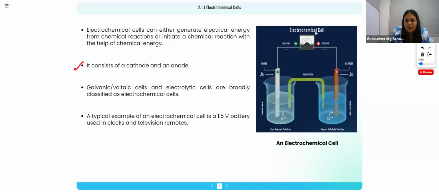Let's look at this example of an electrochemical cell. This is a setup for an electrochemical cell where we are having an anode and this side we are having a cathode. This is called an electrode. Okay. We are taking here a zinc electrode and this is a copper electrode.